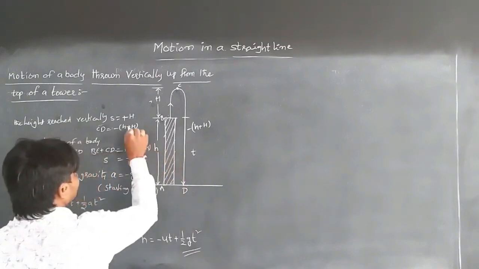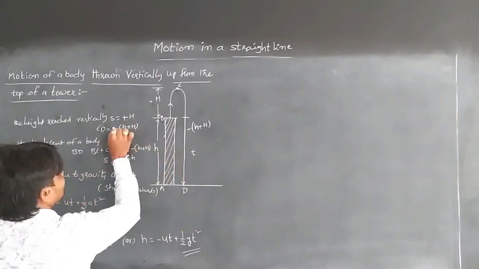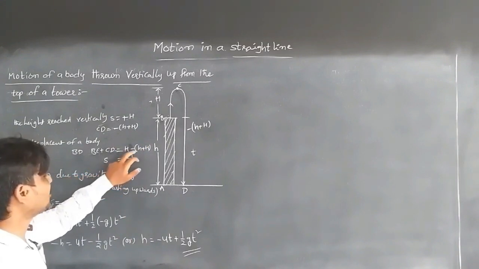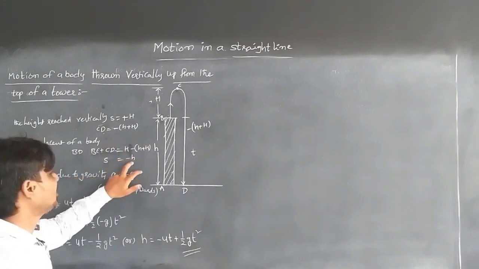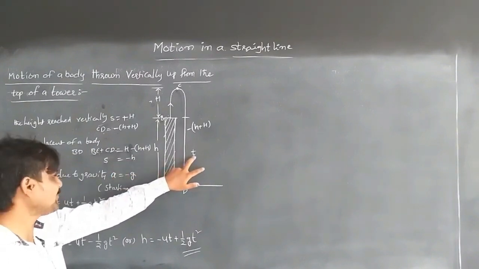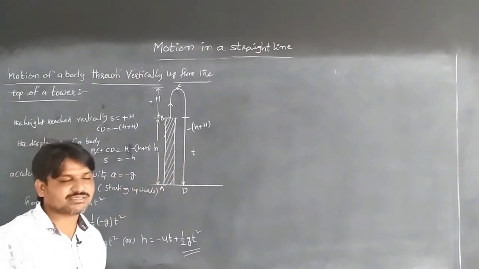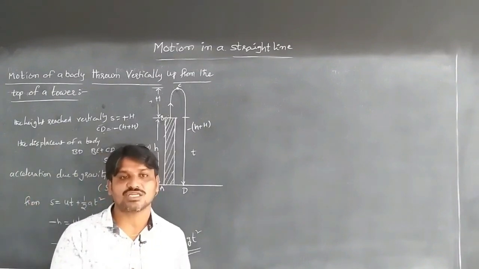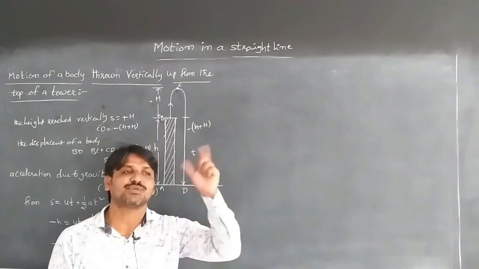So that's why we have taken plus h and minus of h plus h. The net displacement will be h minus of h plus h, so we get minus h, the time taken by the body is t, and the acceleration due to gravity is a equal to minus g, because at the starting stage we applied a force in the projected direction.